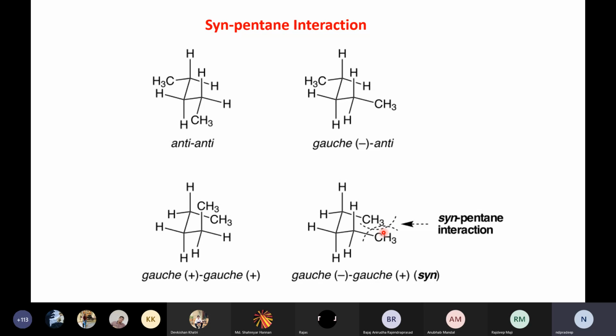So that interaction we call the syn-pentane interaction. Like the gauche-butane interaction, there is another interaction called the syn-pentane interaction.